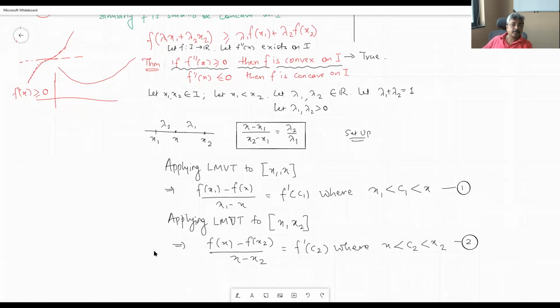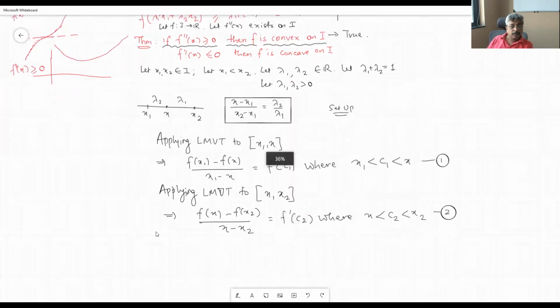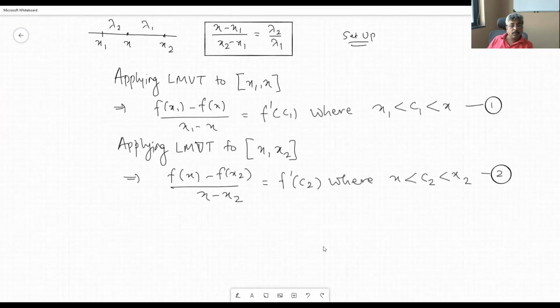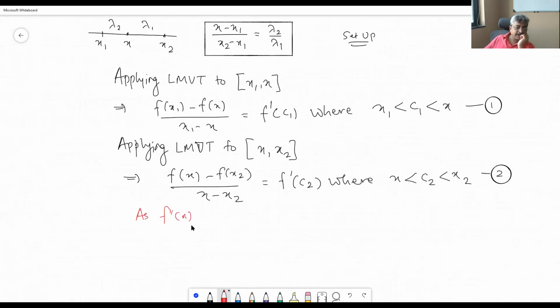Now here we would like to use the condition f double dash of x greater than or equal to 0, which implies f dash is an increasing function.